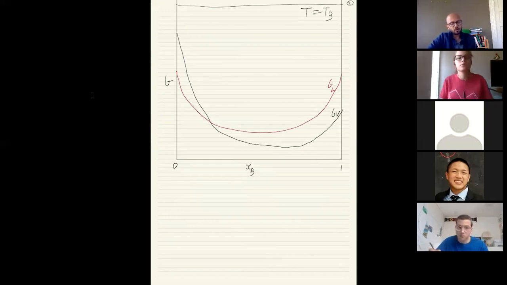Now you might say, why do they intersect only at one point? Why don't they intersect at more than one point? Of course, they very well could. Your phase diagram starts to look more and more complicated. You can get all sorts of shapes out of phase diagrams, depending on how the curves intersect with each other. Furthermore, you might have a third phase free energy existing like this, and then it becomes even more complicated.